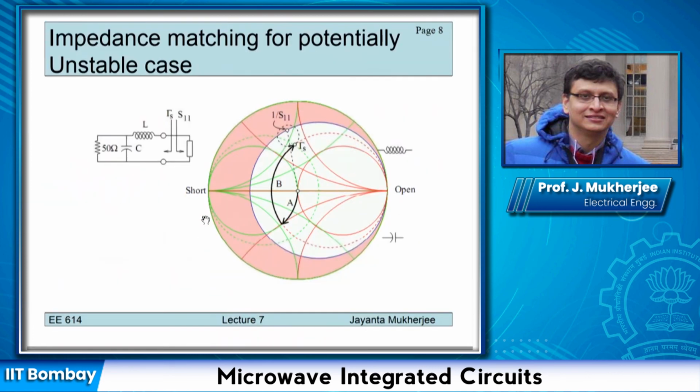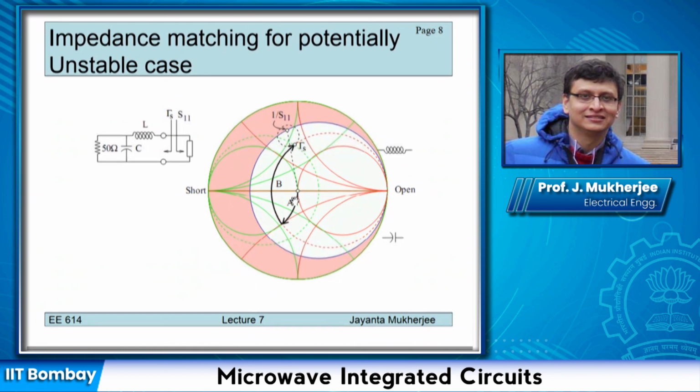Let's come to this slide now. This shows the setup of how I will be performing the impedance matching. Here my source impedance is 50 ohms and I have to bring it to gamma s. Source impedance 50 ohm means that is the origin of this gamma s plane, which represents this point A, and I have to go to this point gamma s. So this is the path I take.